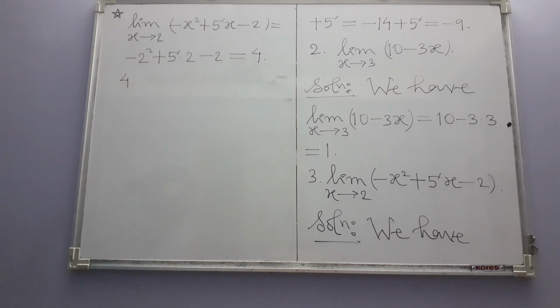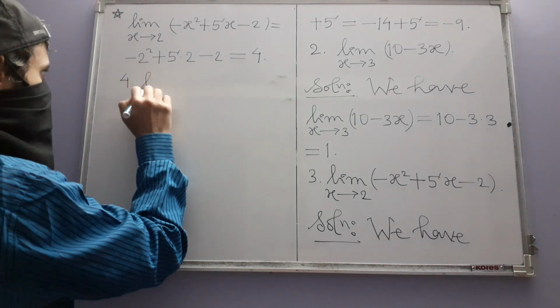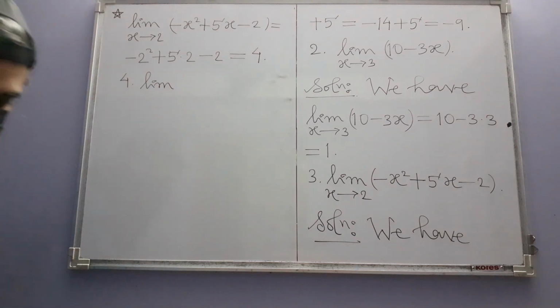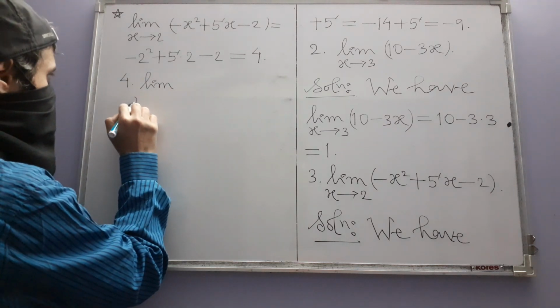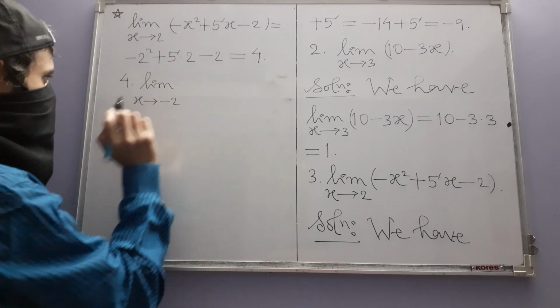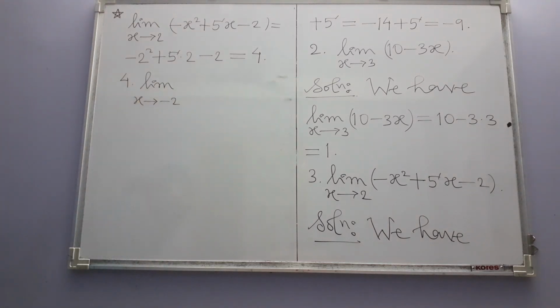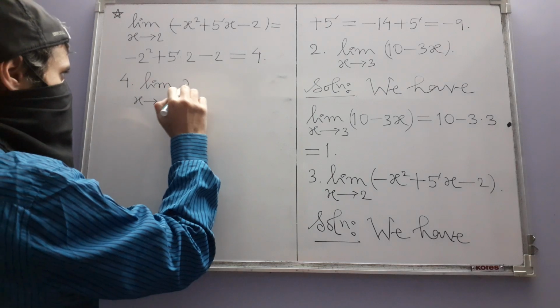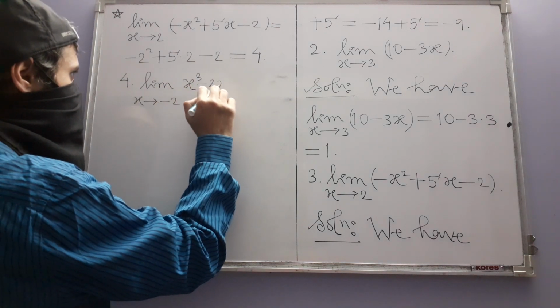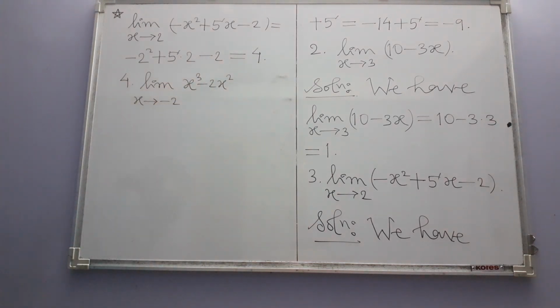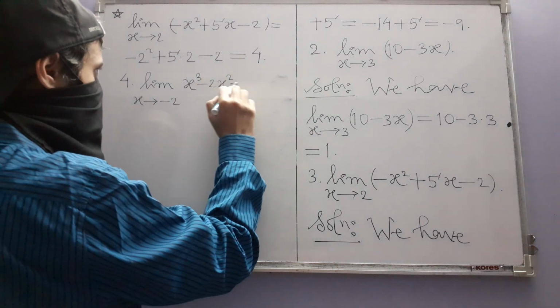Then the fourth one, it keeps getting longer. X tends to minus 2 and the polynomial is x cube minus 2x square plus 4x plus 8.